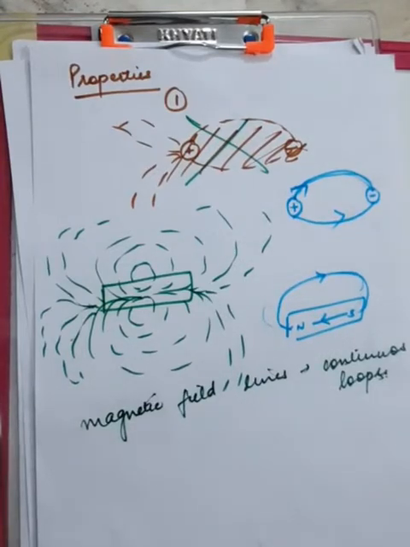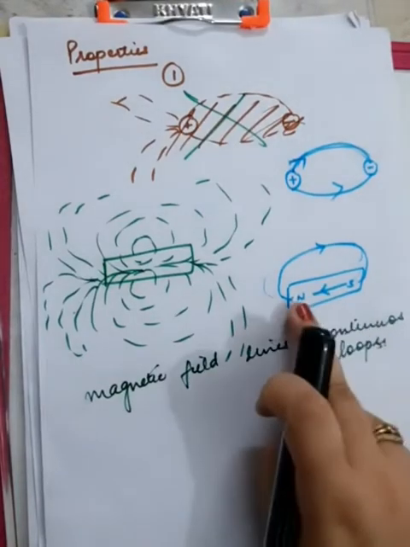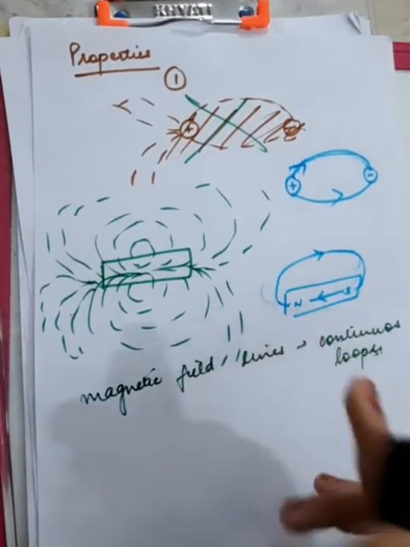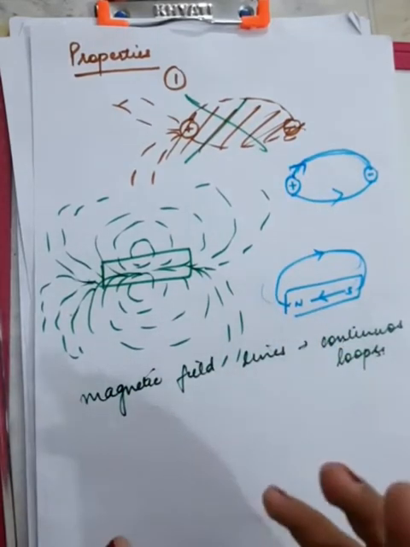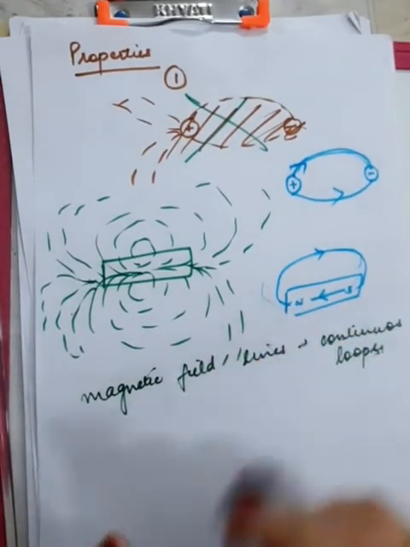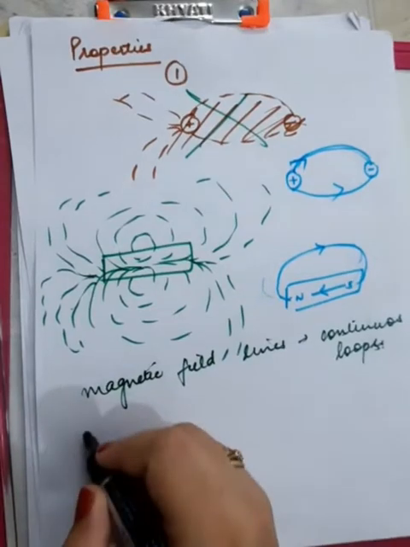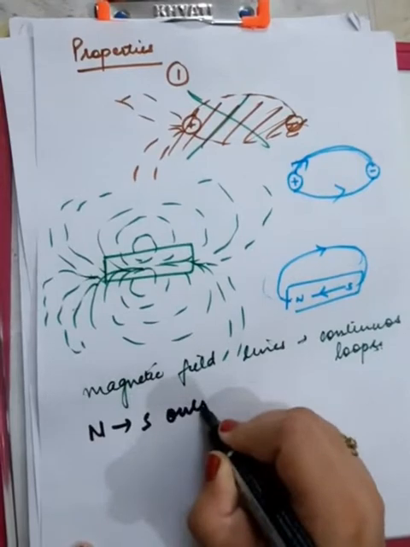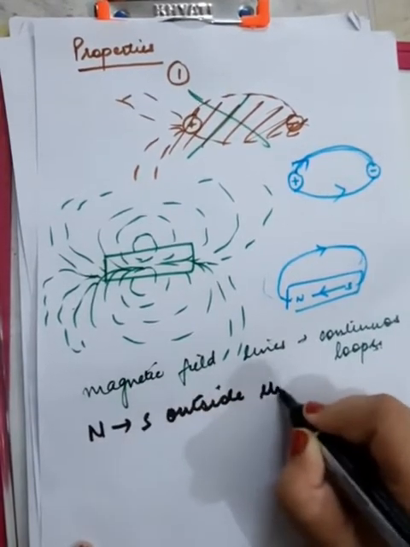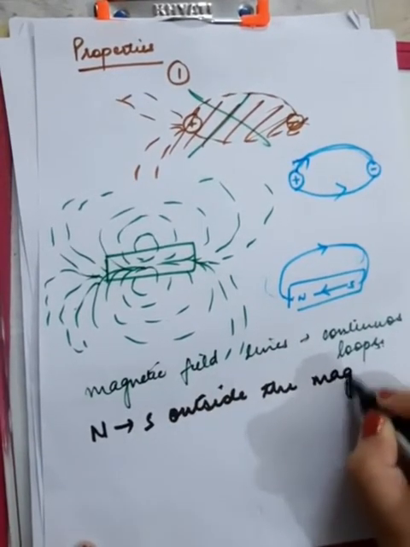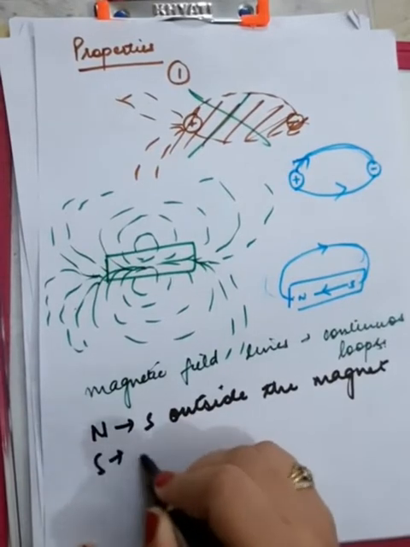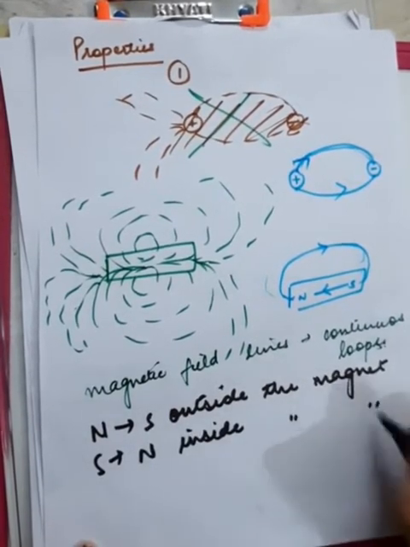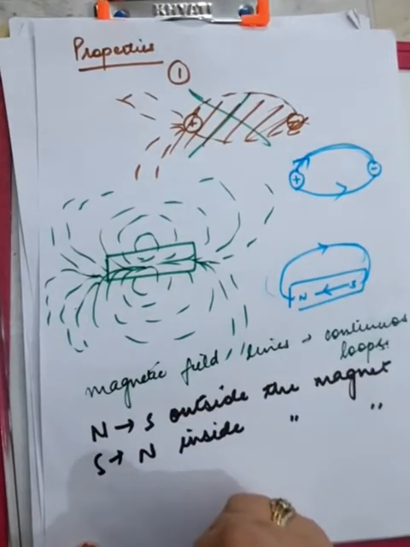Next concept is, outside the body of the magnet the field lines move from north to south, and inside the body of the magnet the field lines move from south to north. So what is the direction? North to south outside the magnet, and south to north inside the magnet. So this is basically the direction of magnetic field lines.